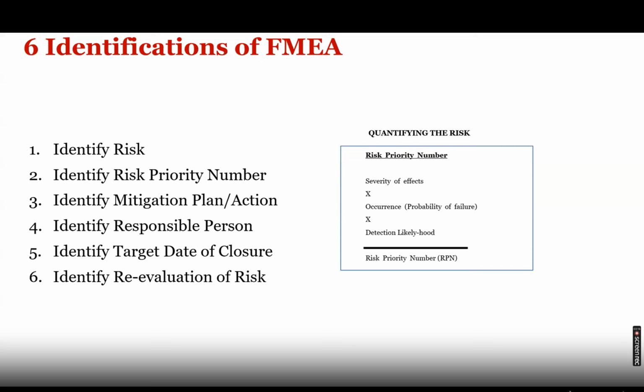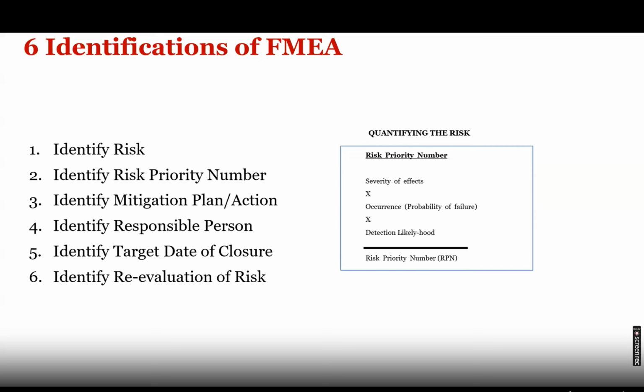And there are 6 steps of doing a proper risk management plan. Step 1: identify the risk. Step 2: identify the risk priority number, which is the risk quantification, done with the help of 3 factors: severity of the risk, occurrence probability of the risk, and risk detection.